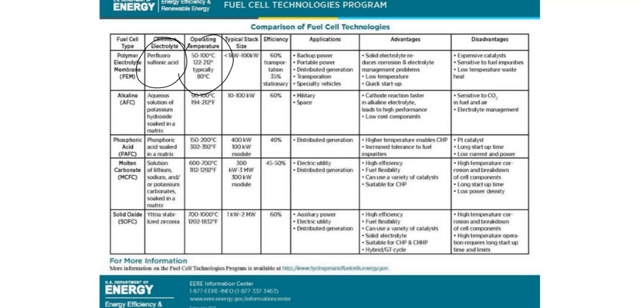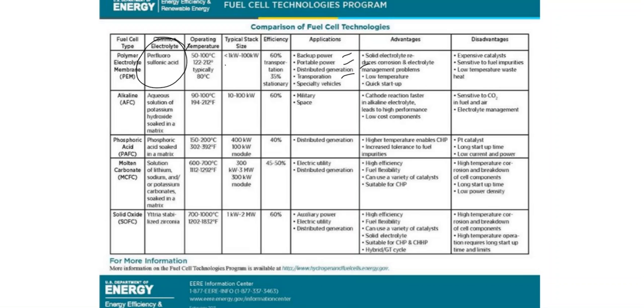The stack size can range from 1 kilowatt to 100 kilowatt. It has an efficiency of 60%, and for stationary use 35%. It can be used in backup power, portable power, distributed generation, transportation, and specialized vehicles.